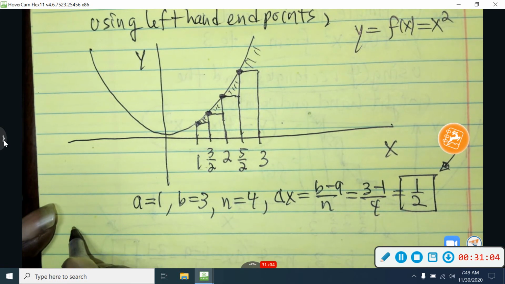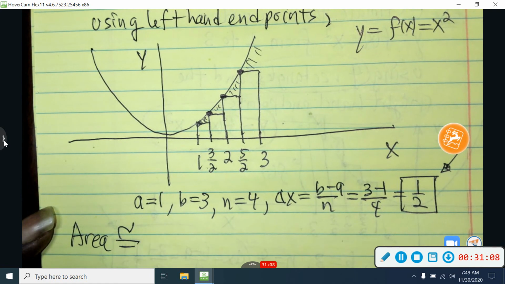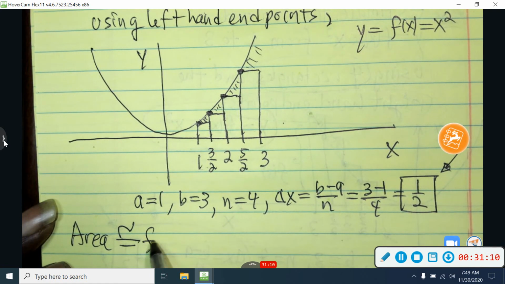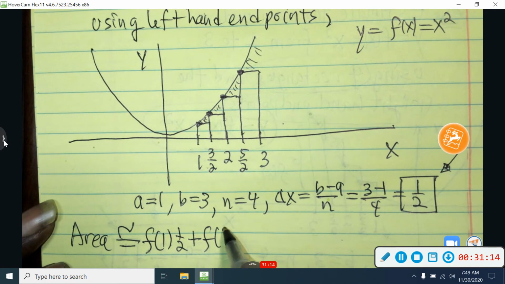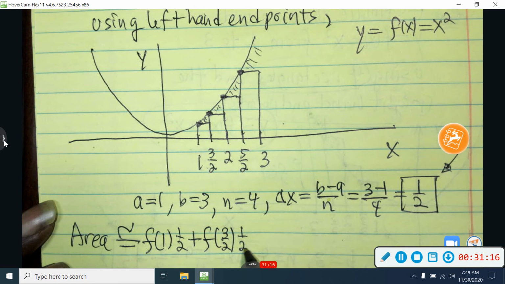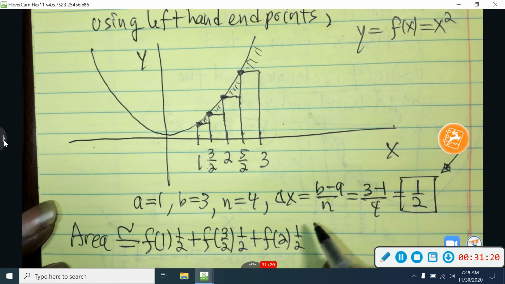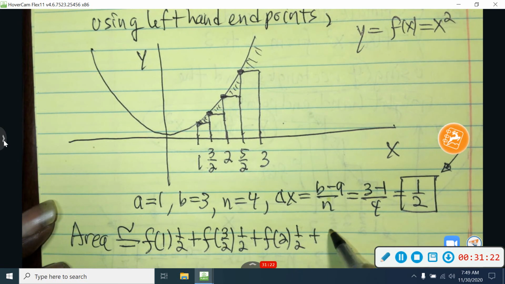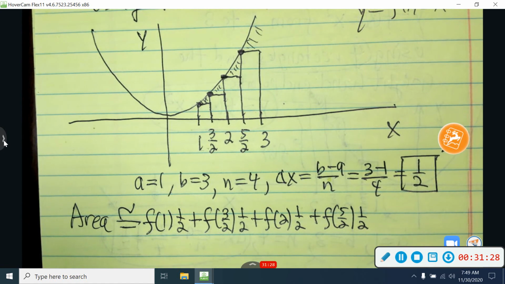So the area using the left would be roughly equal to f of 1 times a half plus f of 3 halves times a half plus f of 2 times a half plus finally f of 5 halves times the width, length times width, which is a half for all of them.